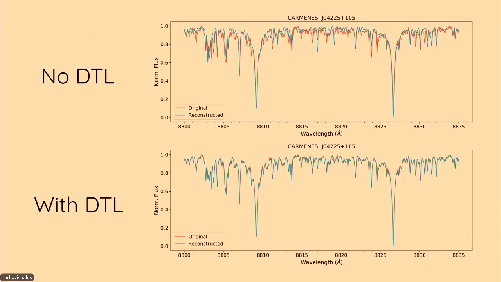And this is for you to see the importance of this step. Here you can see two examples of reconstructions for a real CARMENES spectrum. At the top, we can see the reconstruction with no deep transfer learning, before the transference of knowledge. And at the bottom, we can see the reconstruction after this transference of knowledge. So you can see how the reconstruction is much more accurate after this transference of knowledge.